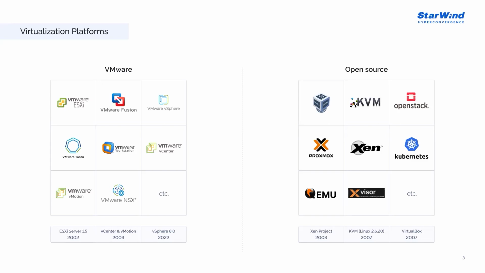Now, KVM probably deserves a separate mention from this list. It was released in 2007 as part of the Linux operating system, and since then, any version of Linux 2.6.20 or newer has KVM embedded in it, which I think is quite convenient. Almost everyone has some form of the Linux distribution running in their environment.